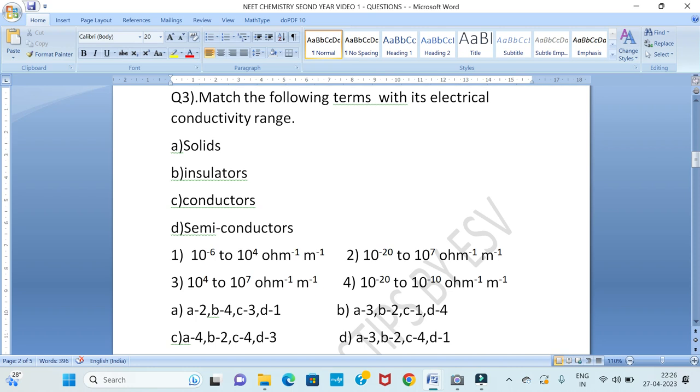Semiconductors: 10 to the power of minus 6 to 10 to the power of 4. Semiconductors. So FD. Here the keyword is semiconductors. Semifinal conducting. So the cricket match semifinal is conducting. So we interestingly watch the semifinal.